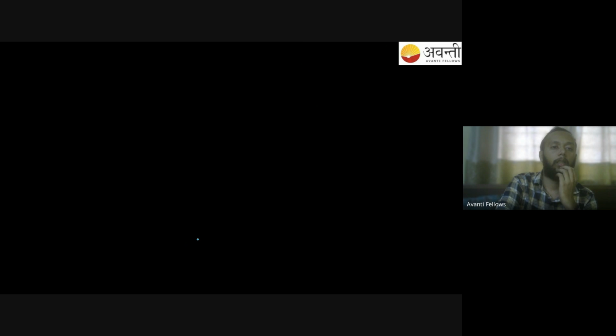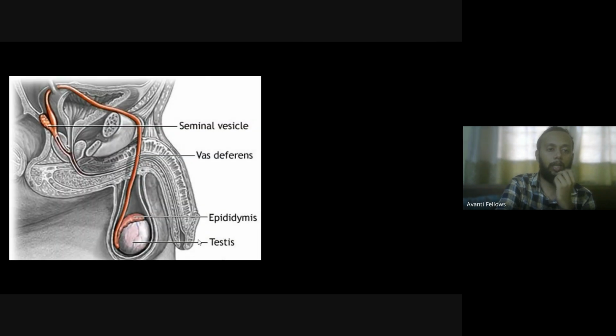Now, let's try to understand a few more things. Now you can see the picture of your epididymis, right? From here, the sperm will be sent into the vas deferens. Now the vas deferens is a very long tube, and this long tube surrounds the bladder. The gray structure here is the urinary bladder.